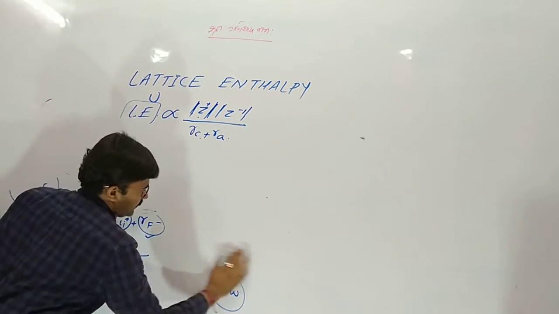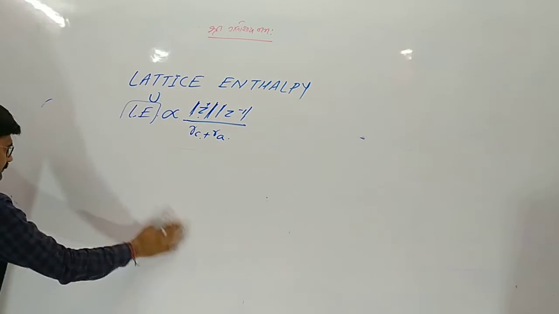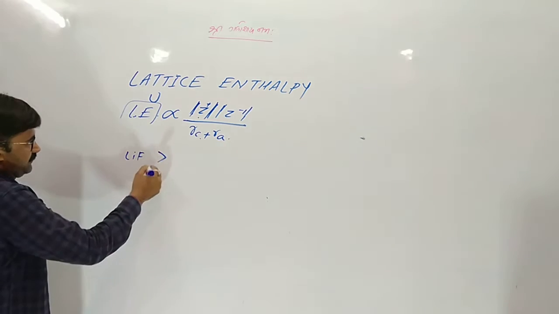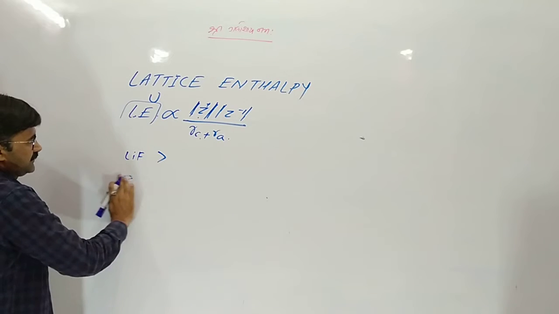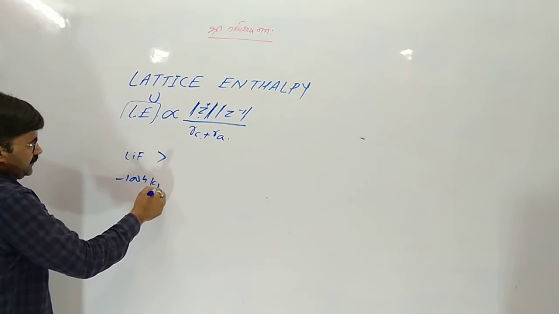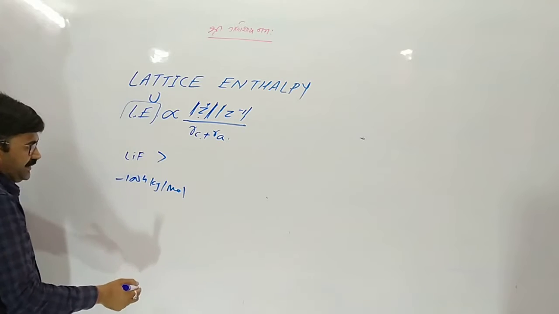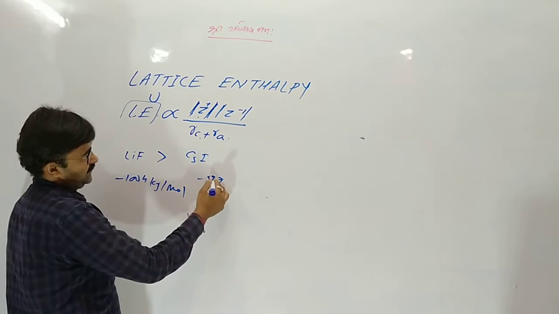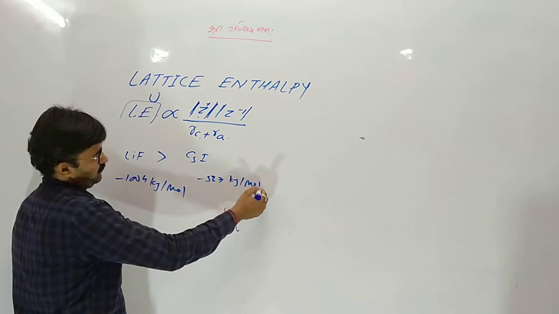Now another point. You can see the values in this formula, but you do not need to read them. Actually, lithium fluoride has a lattice enthalpy of minus 1004 kilojoule per mole, whereas cesium iodide has minus 57 kilojoule per mole.